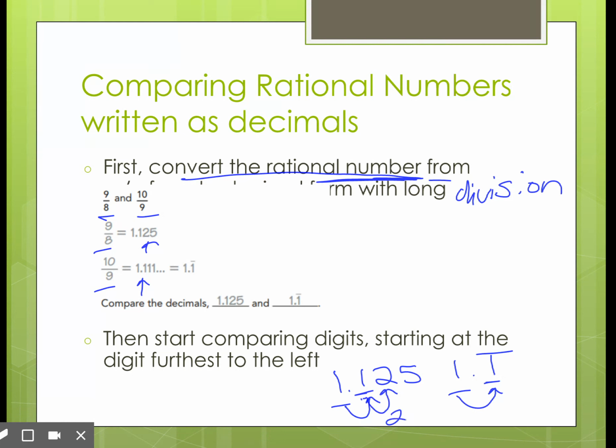Here we have a 2, and we know because this is repeating, this would be a 1. 2 is larger than 1, so we know 1.125 is greater than 1.1 repeating. And you could put it back in fraction form as 9/8 is greater than 10/9.